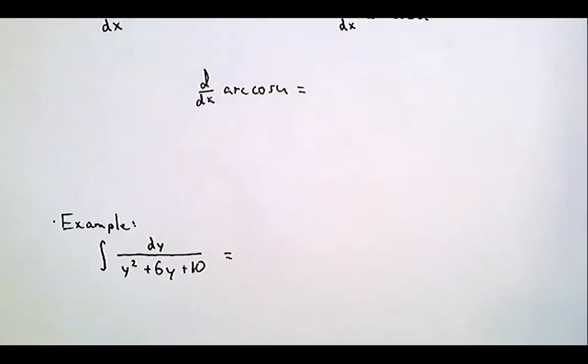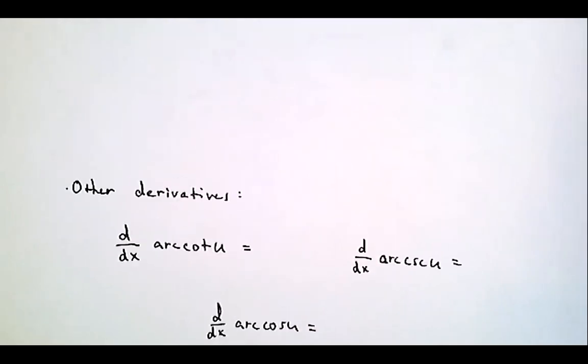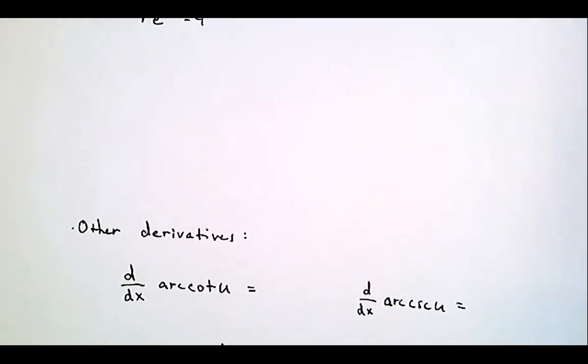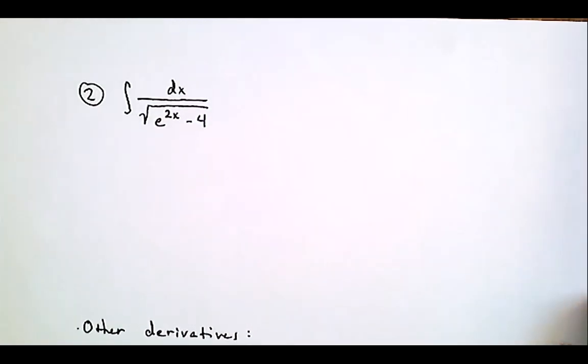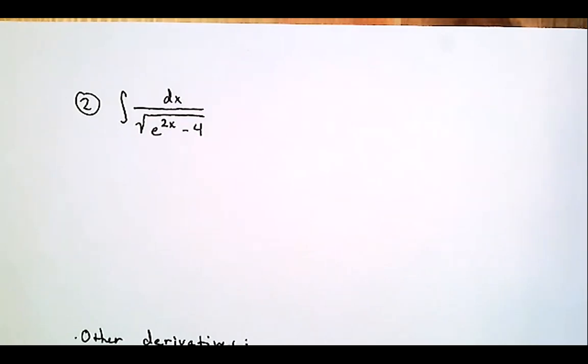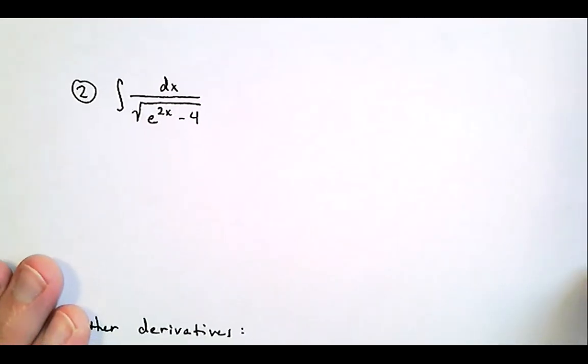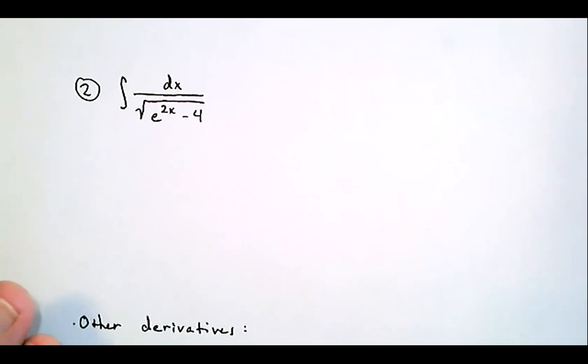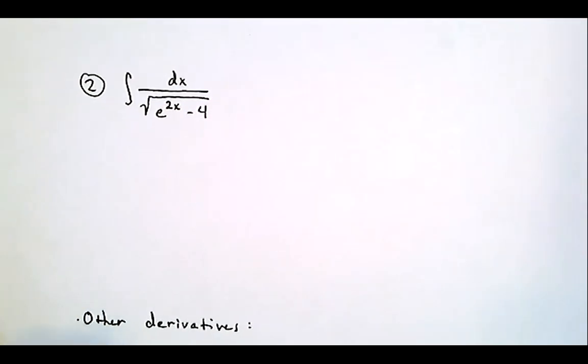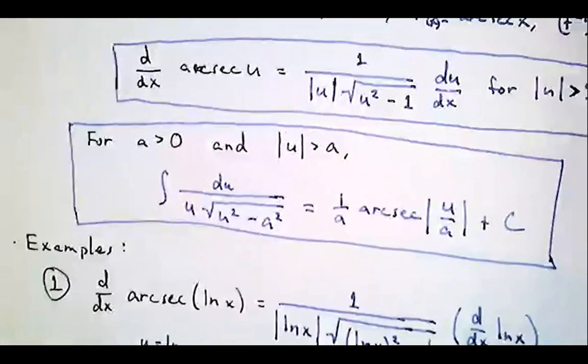Okay, so if there aren't any questions over the derivative, let's just go straight to an integral problem. So this one is the integral of dx over the square root of e to the 2x minus 4. So you might be wondering how this could possibly be related to the other rule.